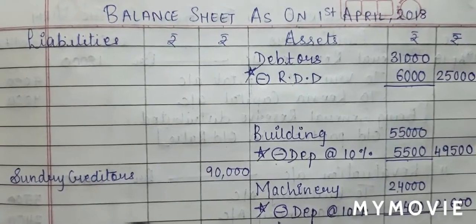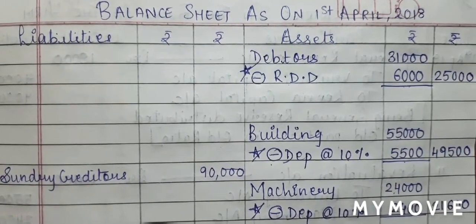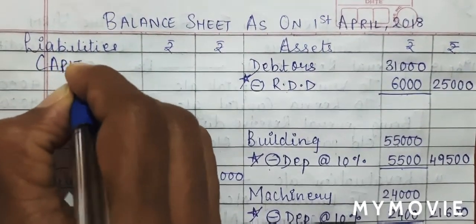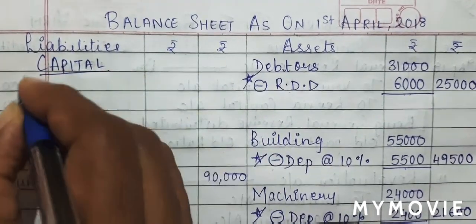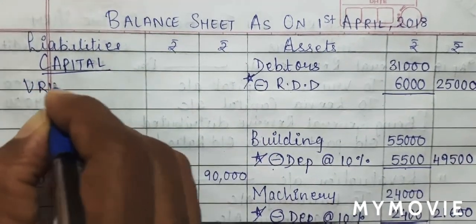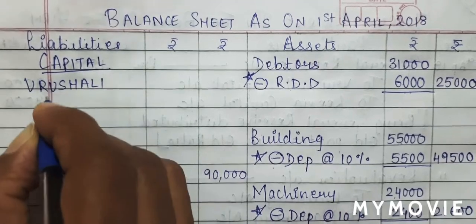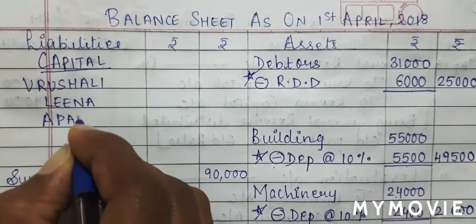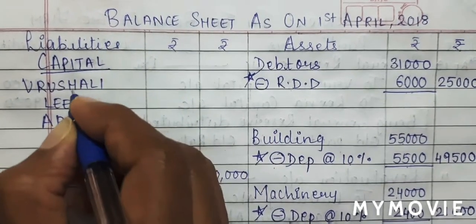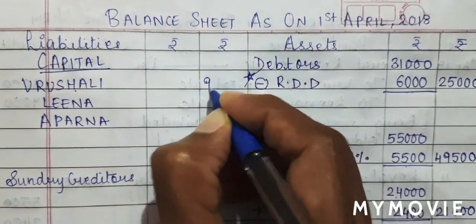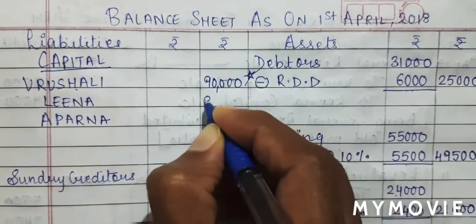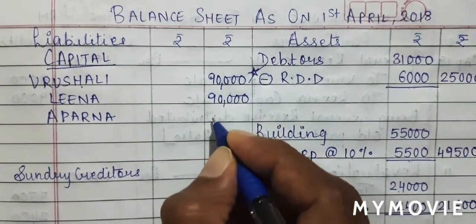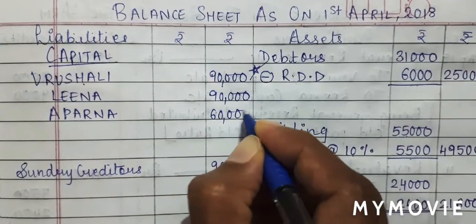Since we have got our capital amount, it will always be written on the liability side. So let's write the capital amount for Vrushali, for Leena, and for Aparna. Vrushali 90,000, Leena 90,000 and Aparna 60,000.